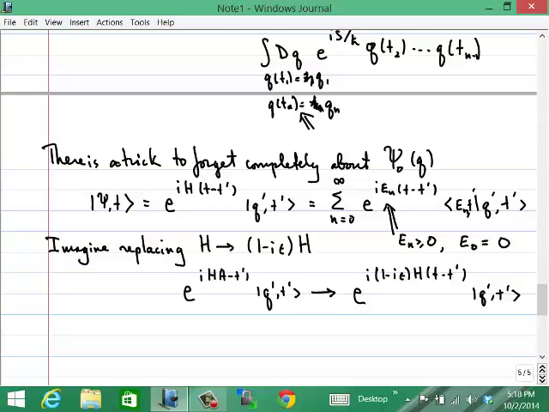We can always shift our energy so that the ground state has energy 0.